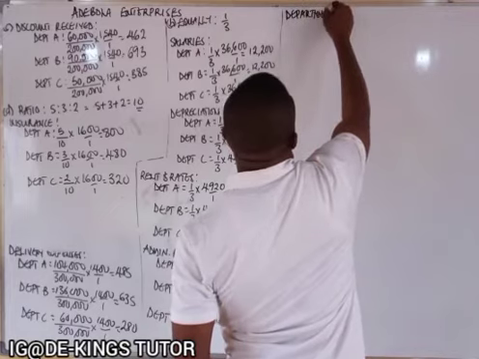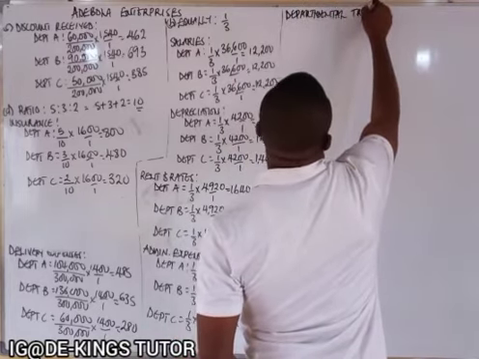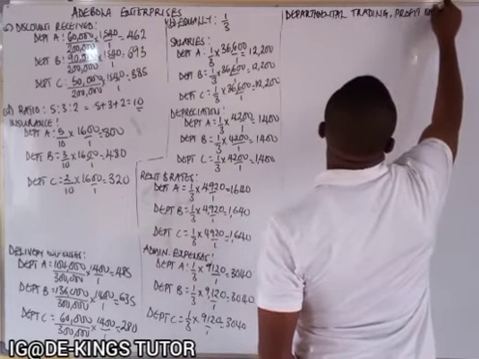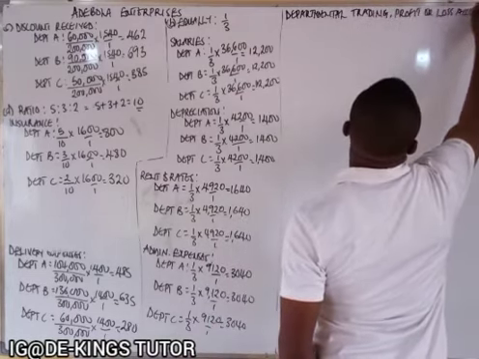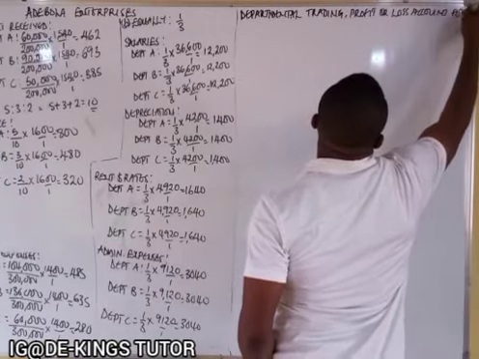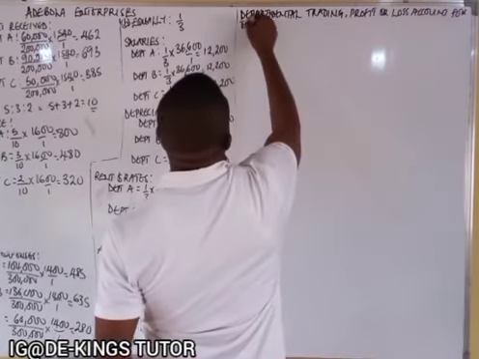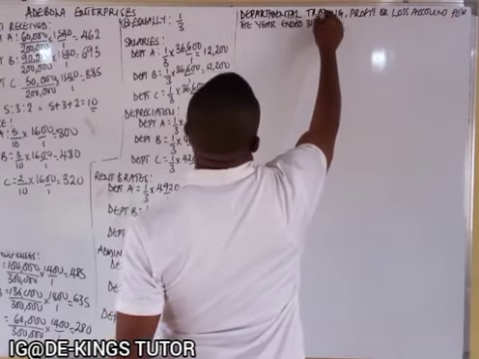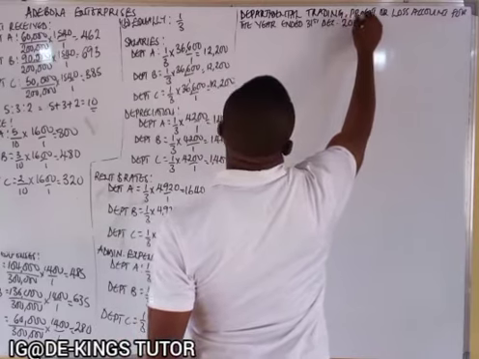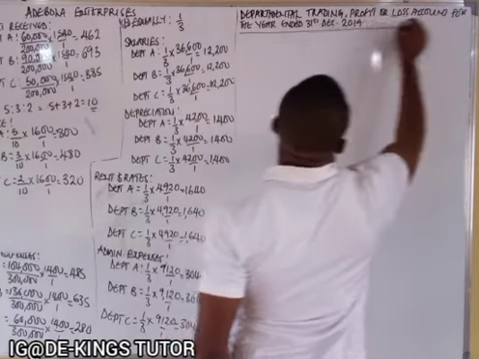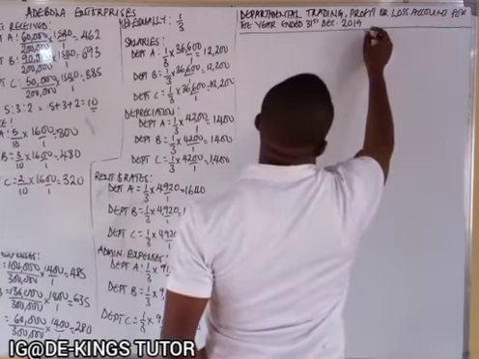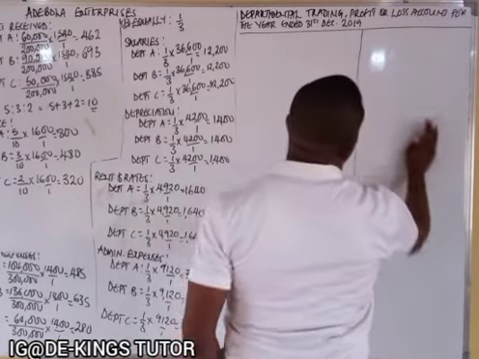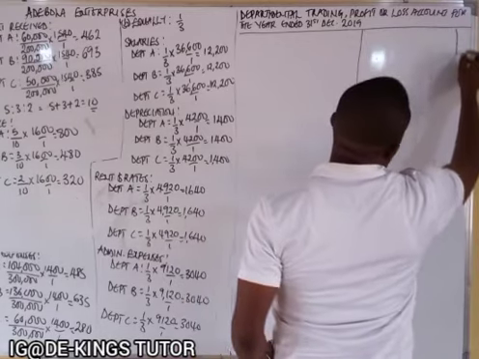Departmental trading profit or loss account for the year ended 31st December 2019.